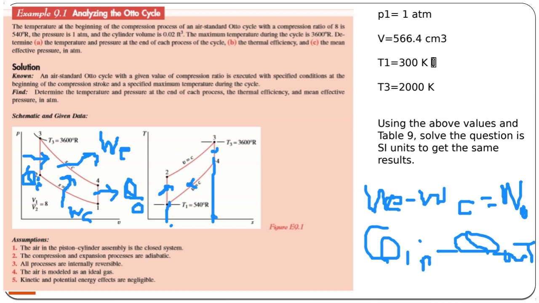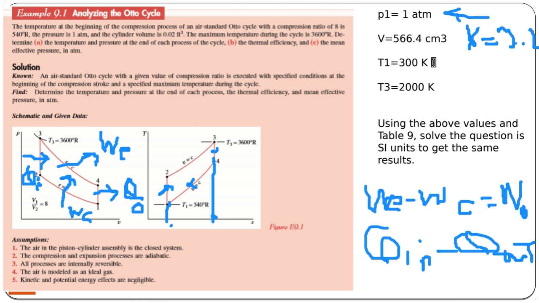In the beginning of the cycle, we have atmospheric pressure, which is normal. The volume of the cylinder is 566 cubic centimeter. For instance, if you have a 4-cylinder engine, then it's going to be almost, I think, 2.2 liters.